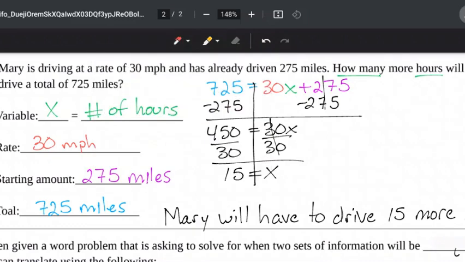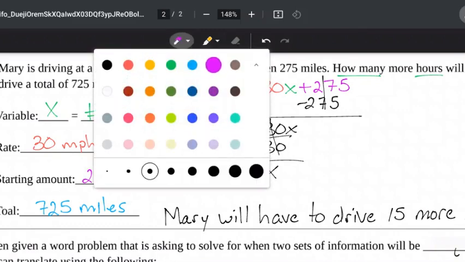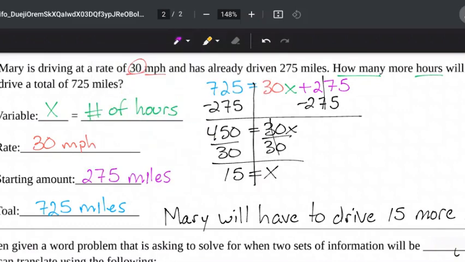It says 30 miles per hour, right? For every per, that's going to indicate our rate. Our starting amount says that Mary has already driven 275 miles. And then we have our total needing to complete the trip is 725 miles. So the final answer is Mary will have to drive 15 more hours.